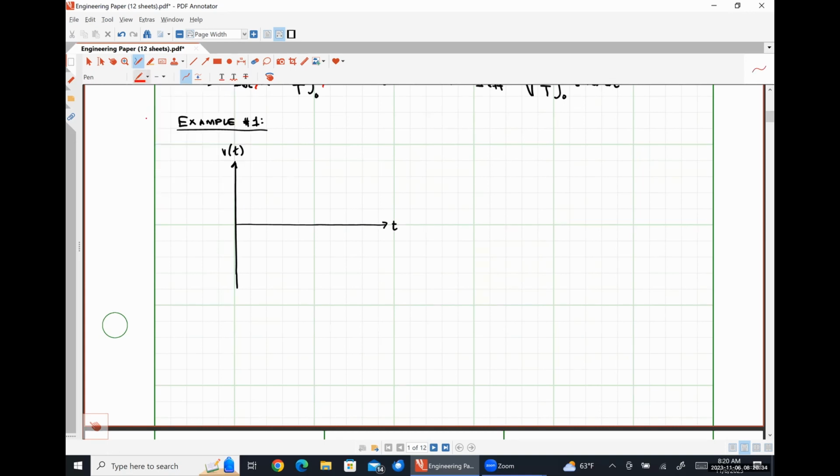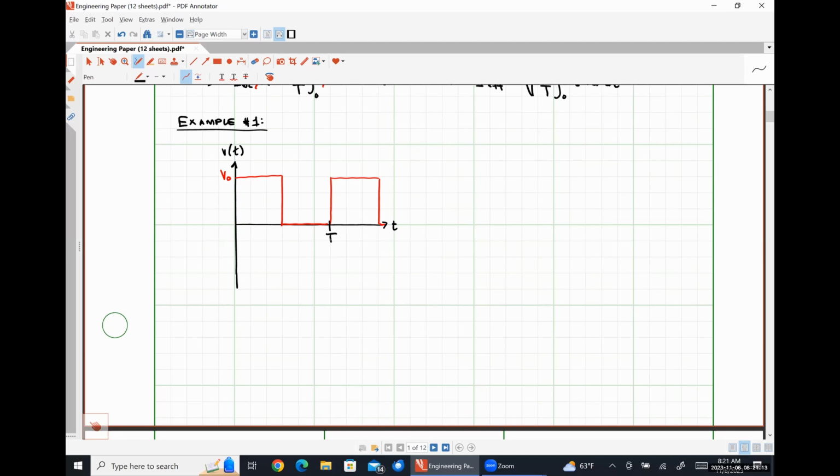And I want a train of rectangular pulses. Where the maximum value of this guy is V naught. Let's call this point in time capital T. And the way that I've drawn this, my voltage waveform is on half the time and off half the time.